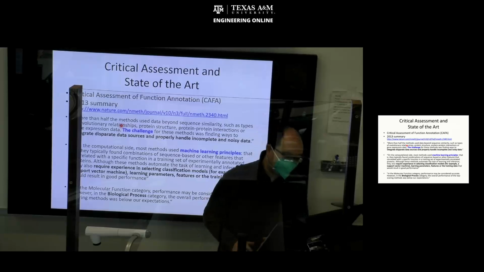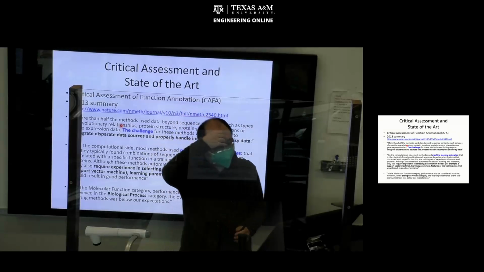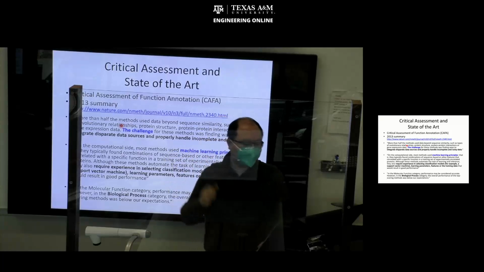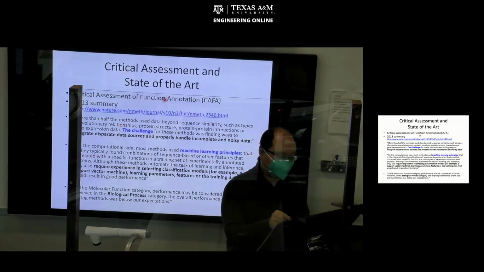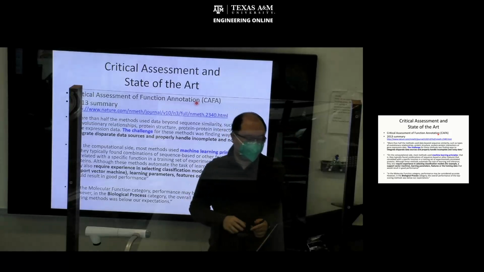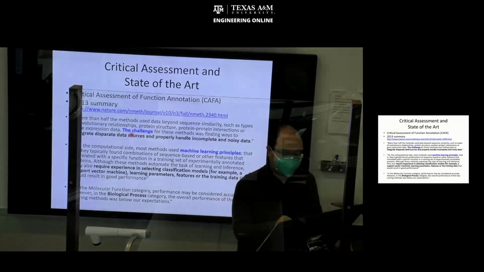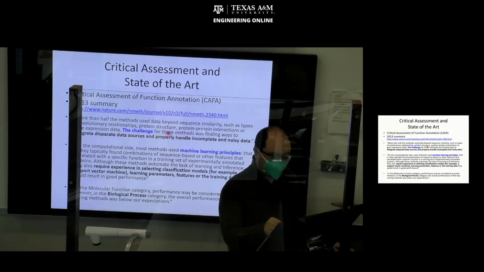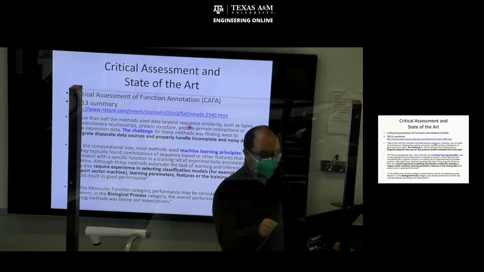Okay. So let's again try to look at this problem. It's actually done in a community assessment called CAFA, Critical Assessment of Function Annotation. There was an old summary which says that the challenge for these methods, first of all, half of the methods use data beyond the sequence similarity.